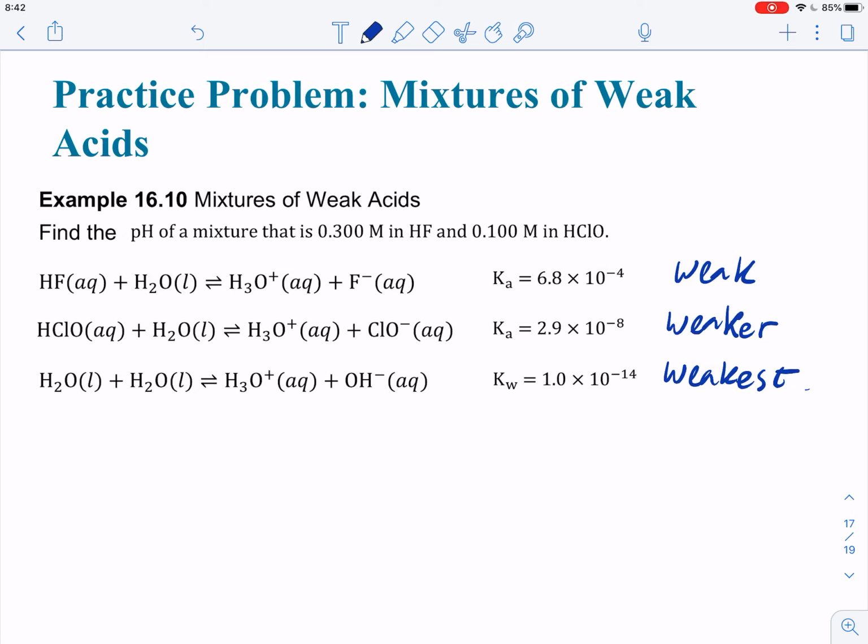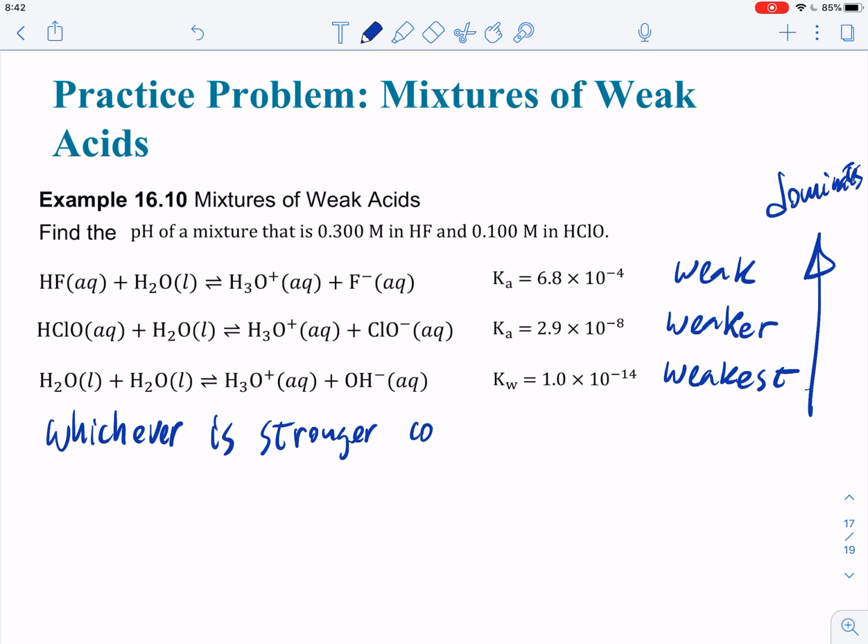In that scale, whichever is stronger dominates. Whichever is stronger controls the pH. Let's write that down: whichever is stronger controls pH.